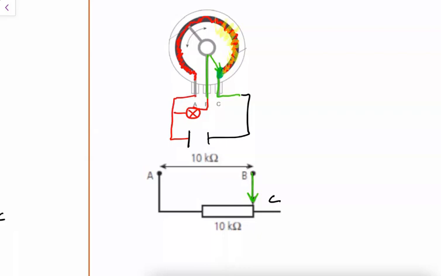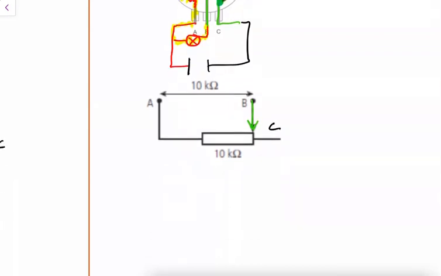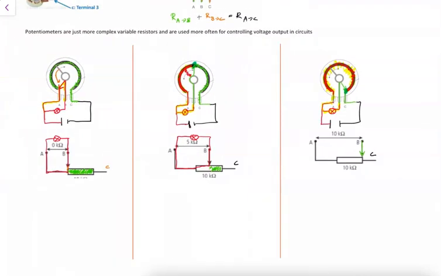That's drawn better in this circuit diagram. So as we move the arrow from point A to somewhere in the middle to point C, we are adding resistance in parallel, removing resistance in series, and vice versa.